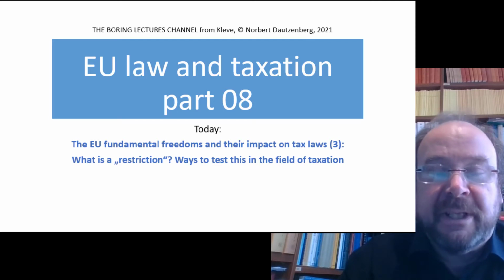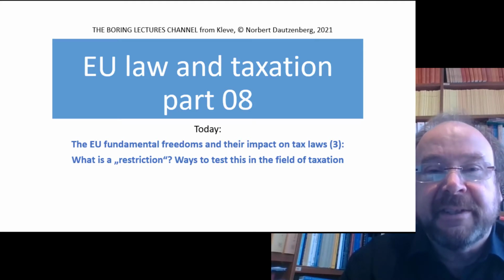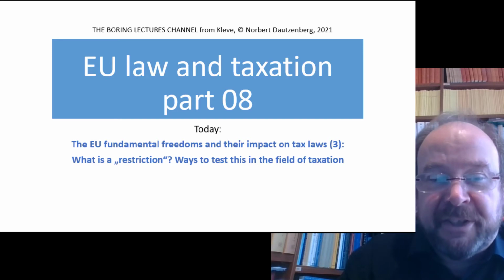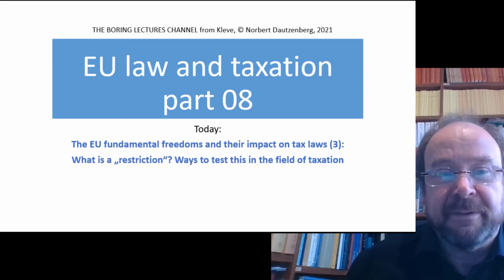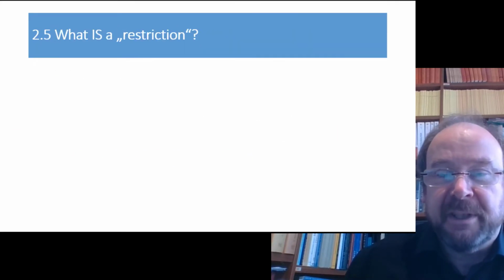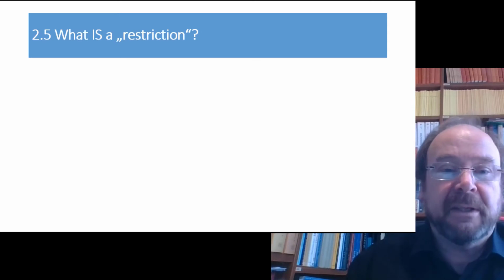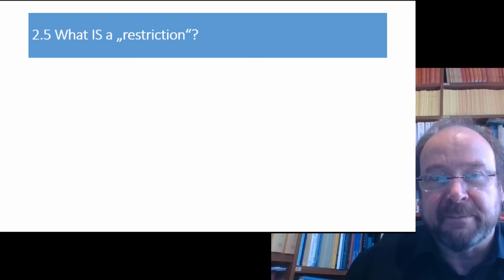And so it can nearly be no surprise that this time the topic will be what's a restriction. So the second thing which is forbidden by these fundamental freedoms of EU law. So let's just begin.